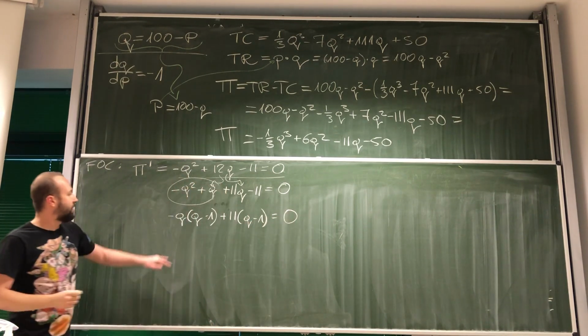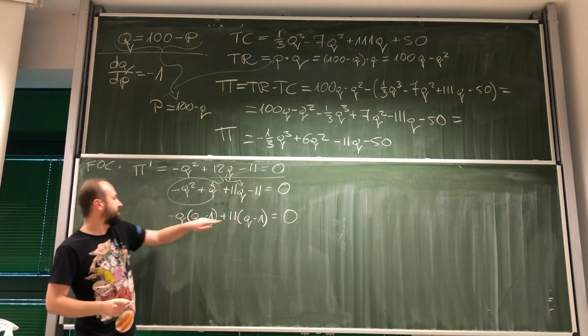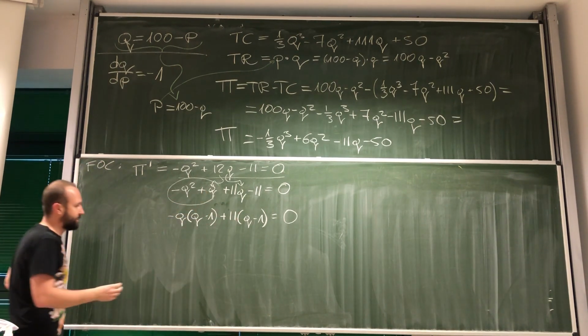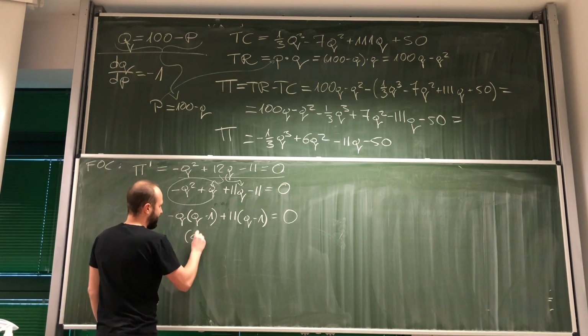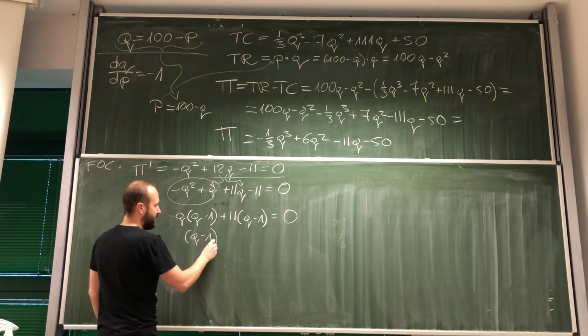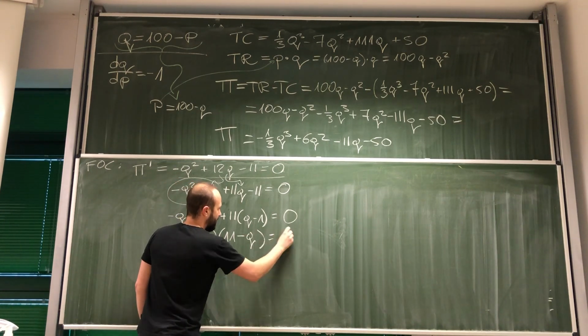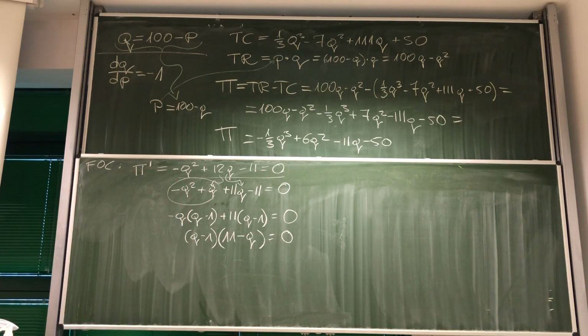And now look, because we have two identical expressions, I can take them out of the parentheses, and what I'm ending up with is (q - 1)(11 - q) = 0.